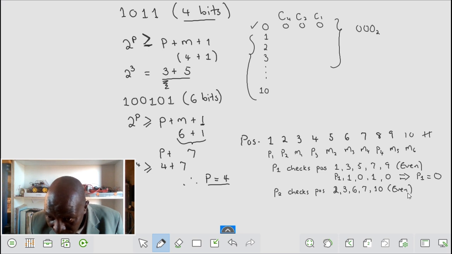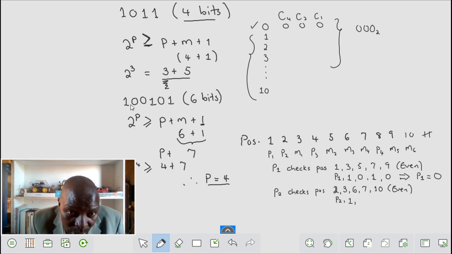So this is P2. Position 3 is M1, which is a 1. Position 6 is M3, which is 0.